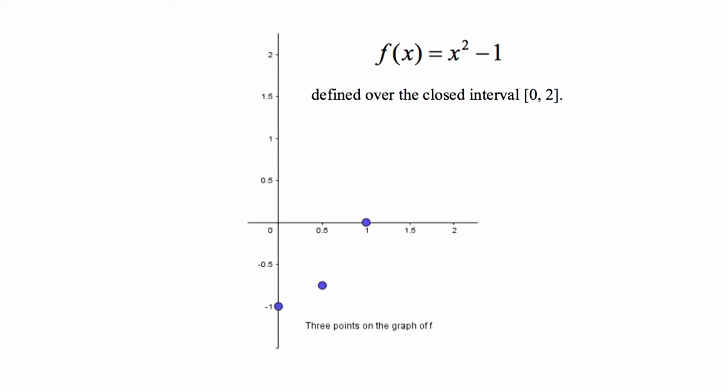When x equal to 0, we have f(0) equal to minus 1, getting a point (0, minus 1) on the curve, and when x equal to 0.5, we have f(0.5) equal to 0.5 square minus 1, which is equal to minus 0.75, getting another point (0.5, minus 0.75). Similarly, points like (1, 0) can be found on the graph.